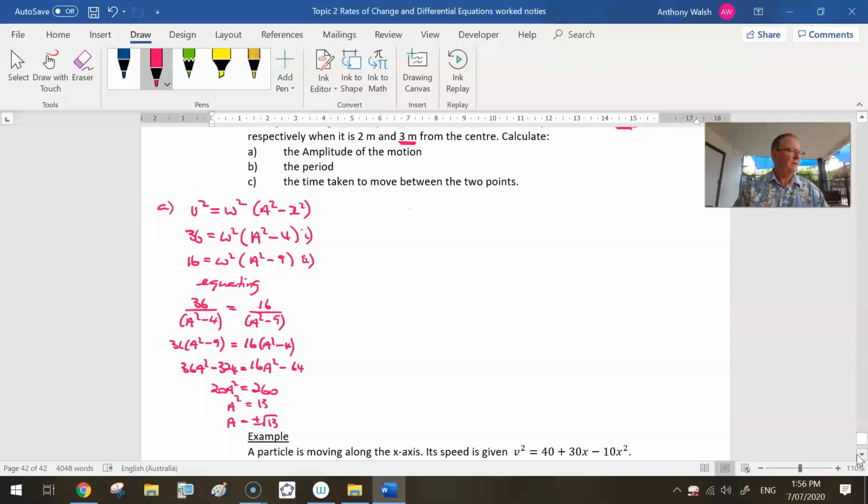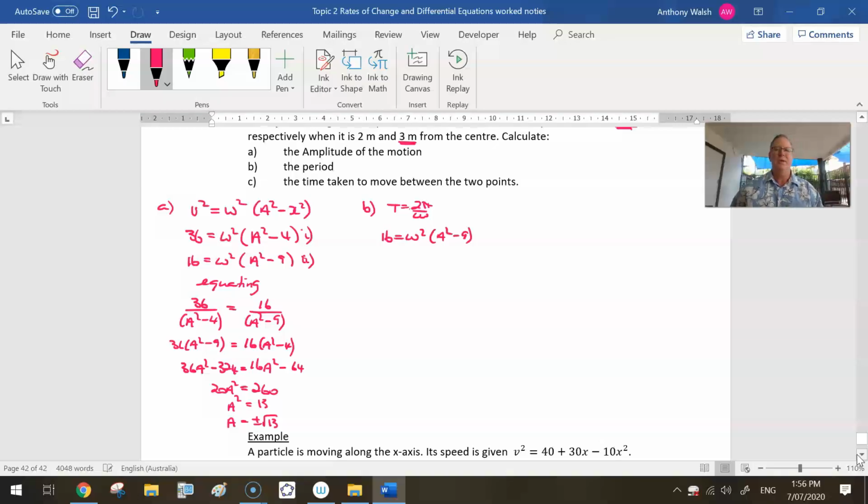Well, again, what do we know the period is? Well, the period is equal to 2 pi on omega. So to find the period, we'll need omega first. Now, can we do that? Well, yes, we can, because if I take equation 2, for example, which says 16 is equal to omega squared by A squared minus 9.